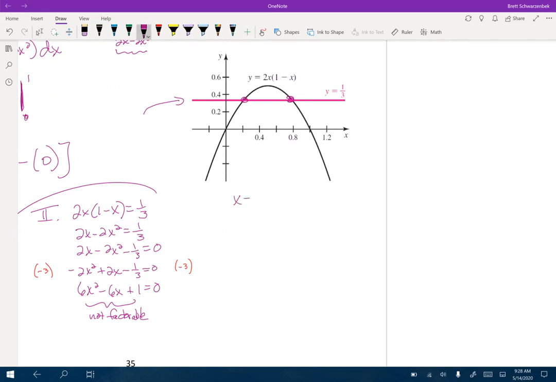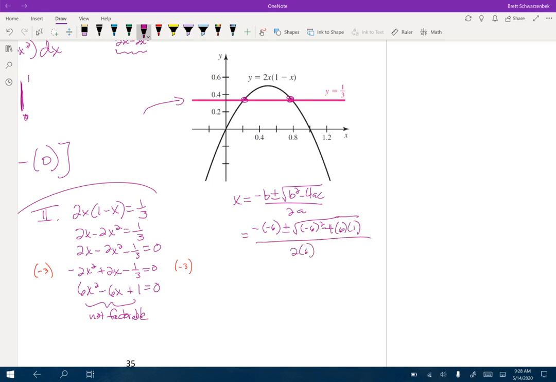So remember, negative b plus or minus the square root of b squared minus 4ac, over 2a. So let's go ahead and do that. b is negative 6, so we get negative b, which is positive 6, plus or minus the square root of negative 6 squared minus 4 times 6 times 1, all over 2 times 6.